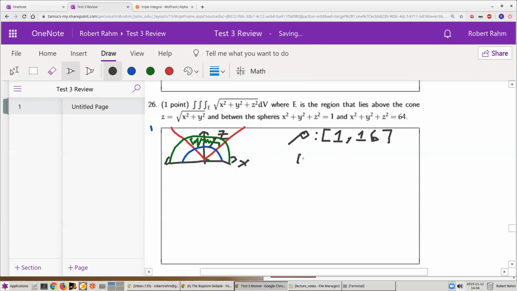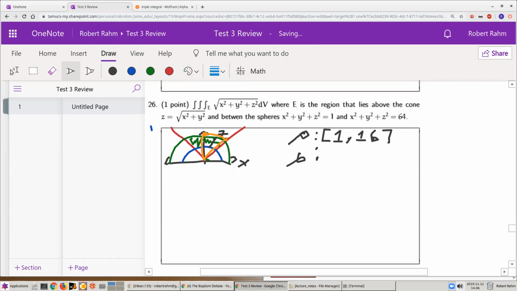Now phi, what about phi? Well, let's see if I can get a different color here. So we're going to start out here and go over here. This is the angle that tells us about phi. When you're at this point right here on the z-axis, phi is equal to 0.